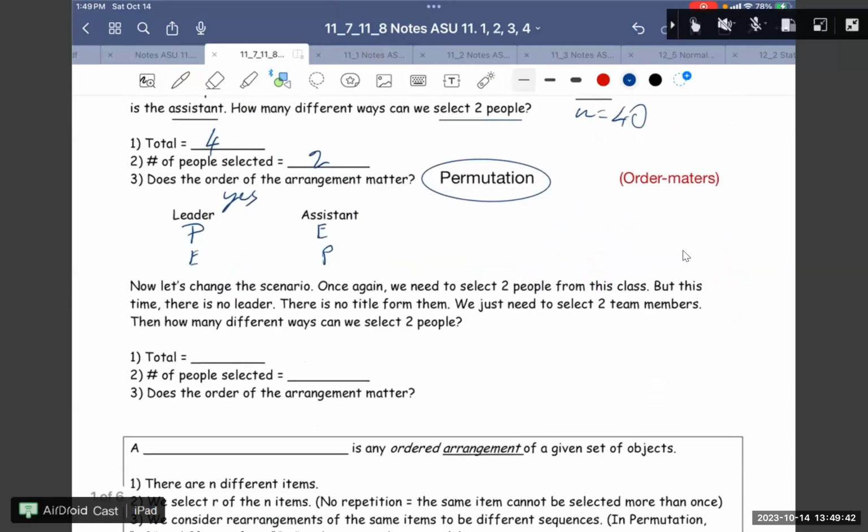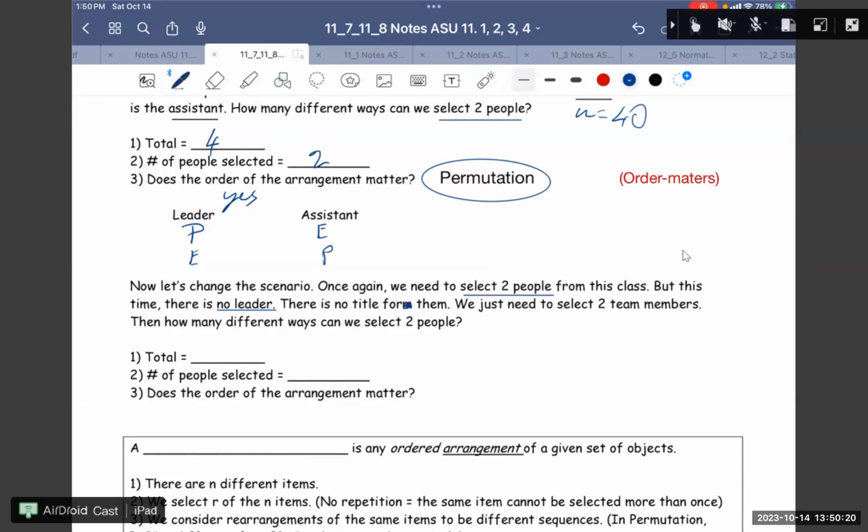So how about the second one? Let's change the general one again. We need to select only two people in this class. So we still select two people in this class, but this time there is no leader and no title for them.